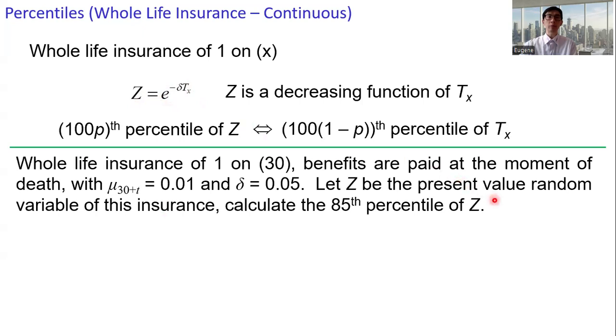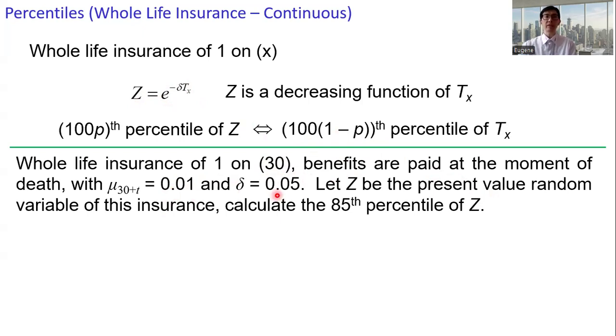Let's take a look at an example. A whole life insurance of 1 on an individual at age 30. Benefits are payable at the moment of death. Constant force of mortality 0.01, force of interest 0.05.